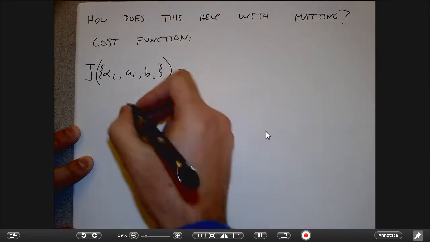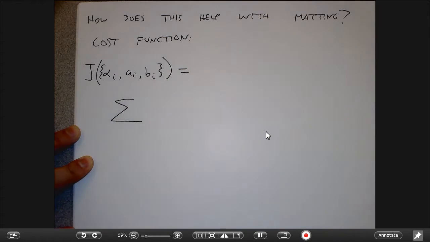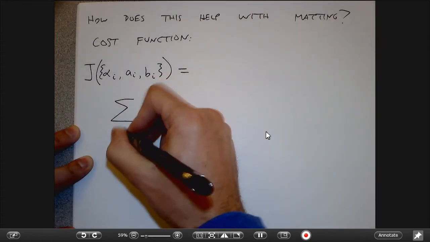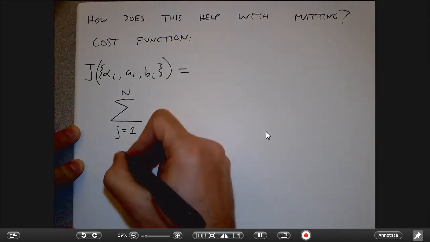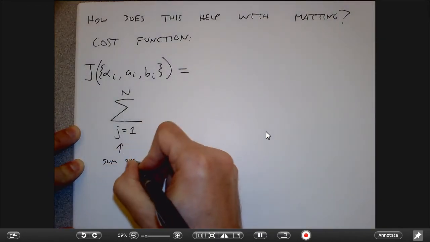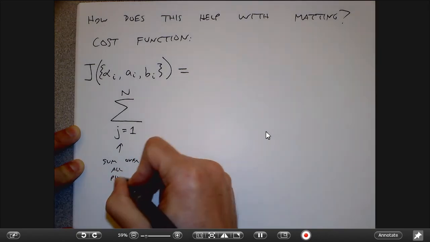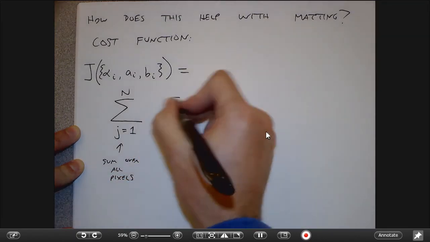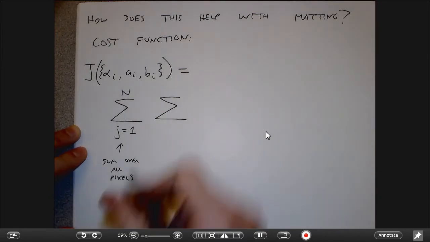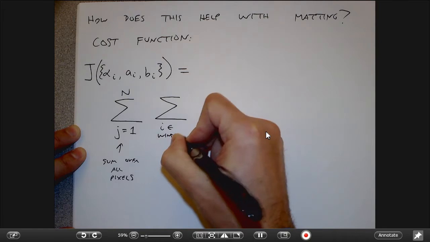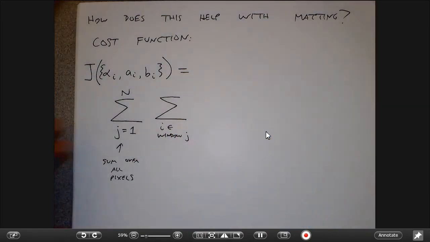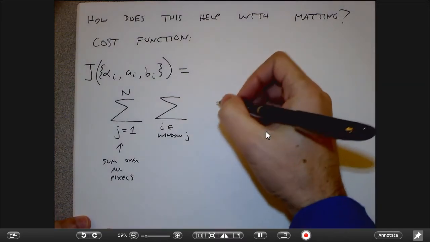And so what I would say is I would sum over all the pixels in the image. So sum over all pixels. And then for each pixel, I would sum over basically all the pixels that are inside the little window around that pixel. And what do I want to minimize?